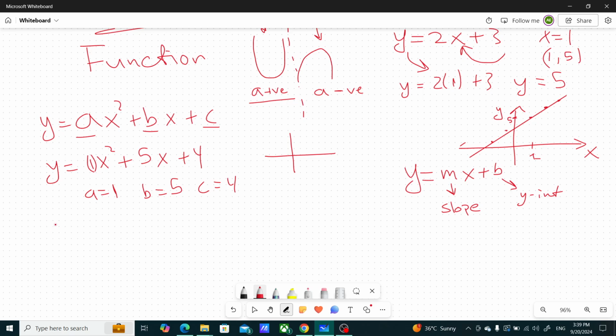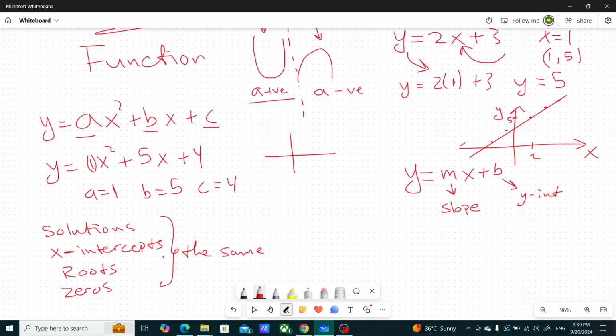I would want to know a very important piece of information, which is called the solutions of the quadratic function. It has other names: the x-intercepts, or the roots, or the zeros. These are all the same thing, just names for the x-intercept.